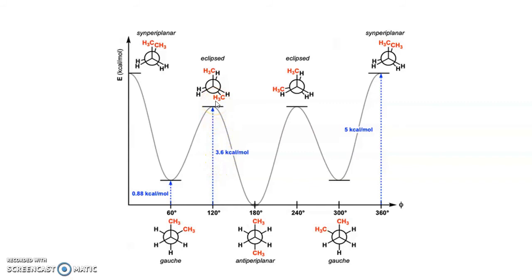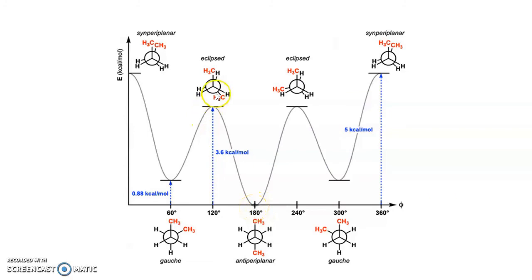The energy difference between the gauche and the eclipsed will be 3.6 kilocalories per mole. Now, as you increase the dihedral angle, the methyl groups come anti to each other, that is 180 degrees apart, away from each other, the most stable conformation.